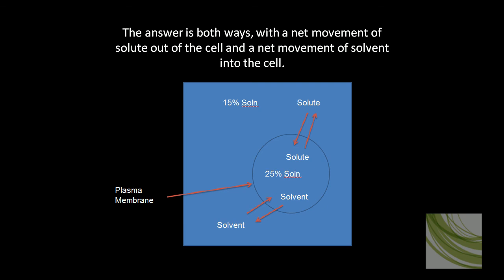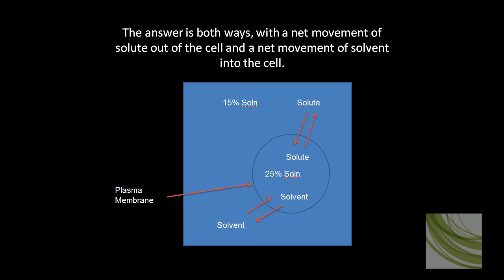Now, something you have to keep in mind, if solute can flow out, it can also flow in, but there will be a net movement of solute out, meaning that the amount of solute inside the cell will decrease while the amount of solute outside the cell will increase until they reach that 20% isotonic state.